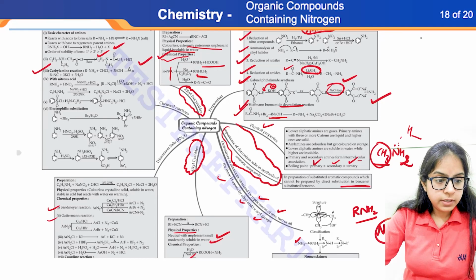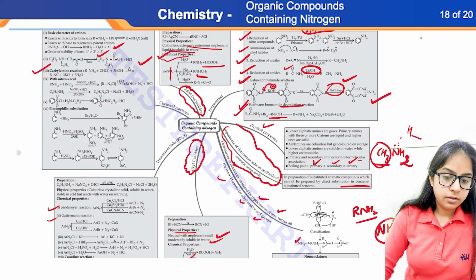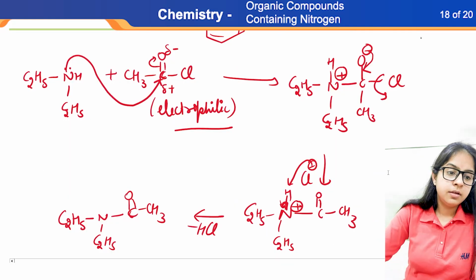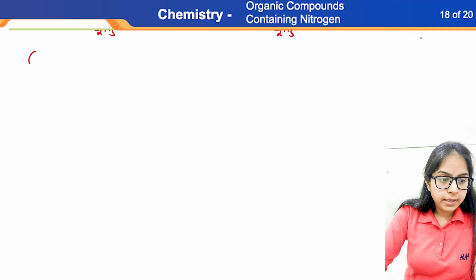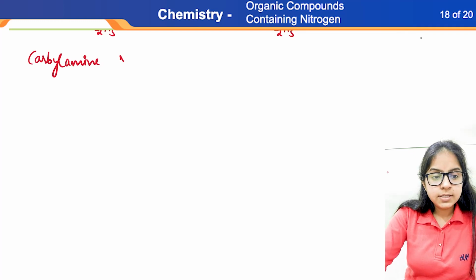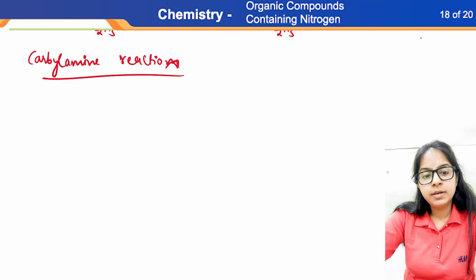This is also a very important reaction, the carbylamine reaction. This is particularly for the detection of primary amines.